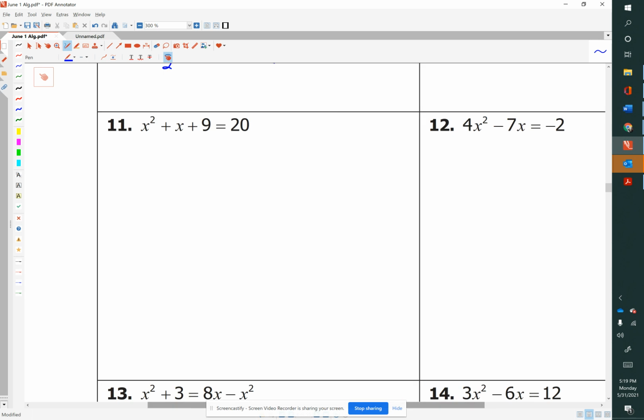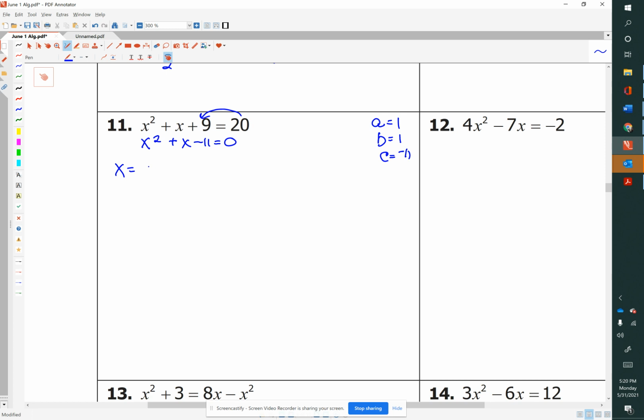So it looks like, let's see, we're going to have x squared. We have a little bit of moving things around to do, plus x minus 11. Because when we move 9 over as a negative, we will have -20 plus 9, which will give us -11 equals 0. So our A is 1, our B is also 1, and our C is -11. So let's start doing our substitutions.